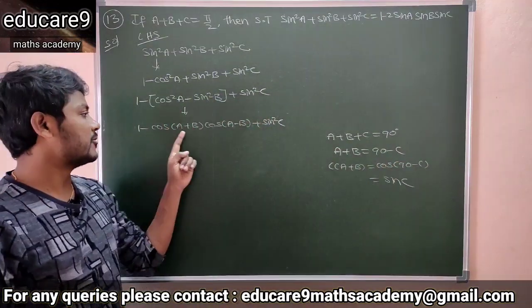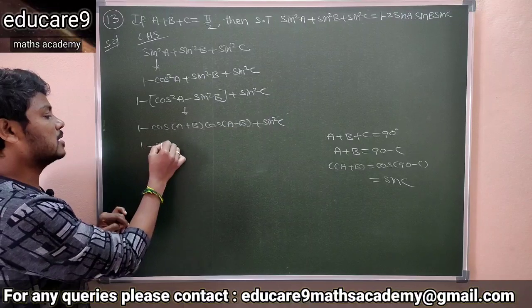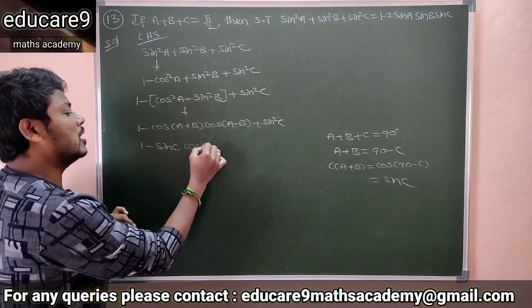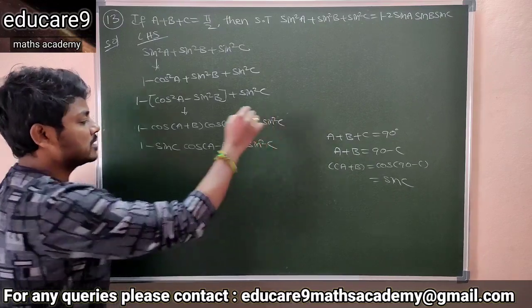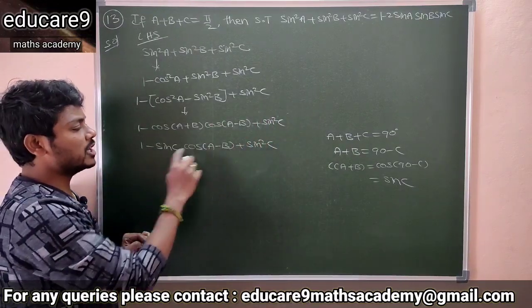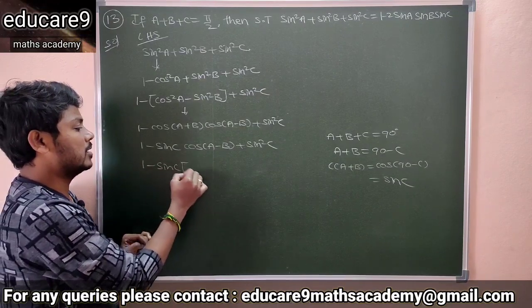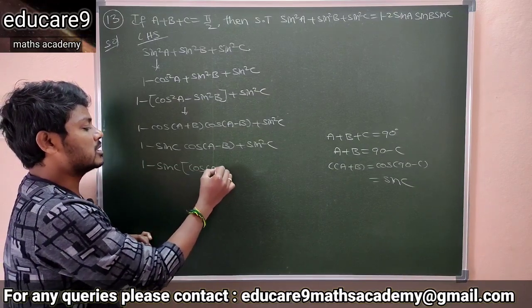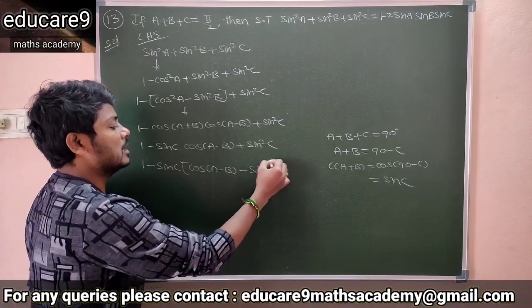So cos of (a plus b) can be written as sin c. So 1 minus sin c cos of (a minus b) plus sin square c. In both terms sin c is common, so 1 minus sin c times [cos of (a minus b) minus sin c].